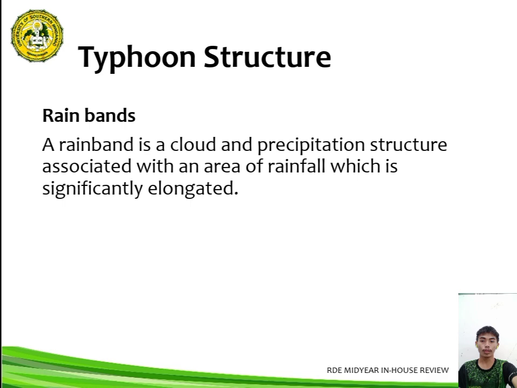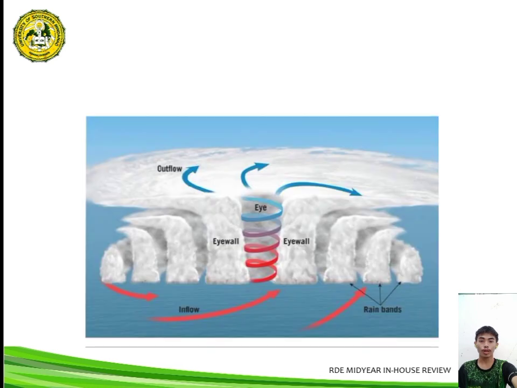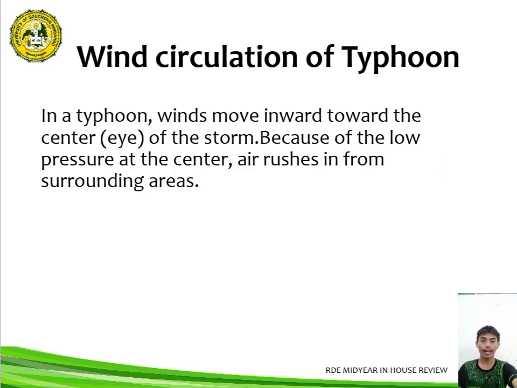So next, we are going to discuss the circulation of typhoon and the role of the Coriolis effect. In a typhoon, wind moves inward toward the center or the eye of the storm. Because of the low pressure at the center, air rushes in from surrounding areas.